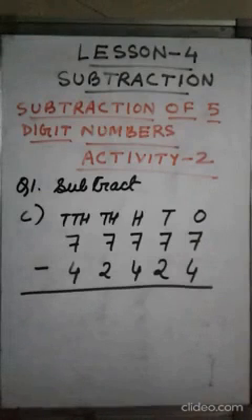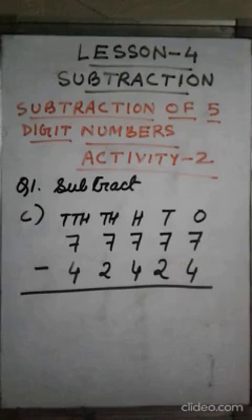Let us do some subtraction of 5-digit numbers. Activity 2. Question number 1. Subtract. Question number C I have taken for explanation. 77,777. From this number we have to subtract 42,424.